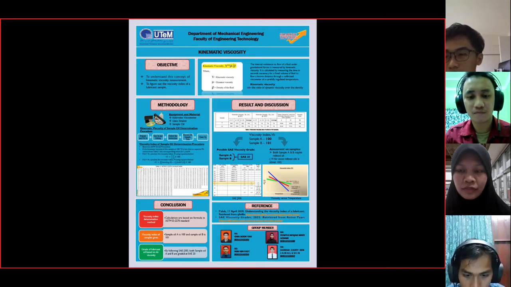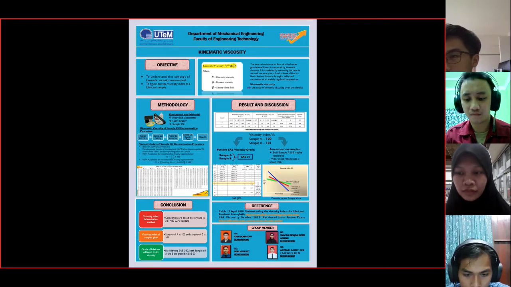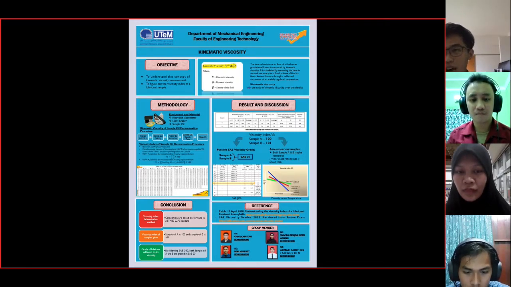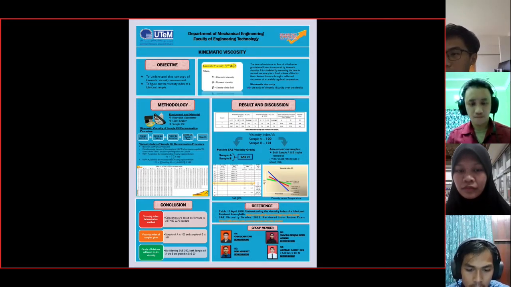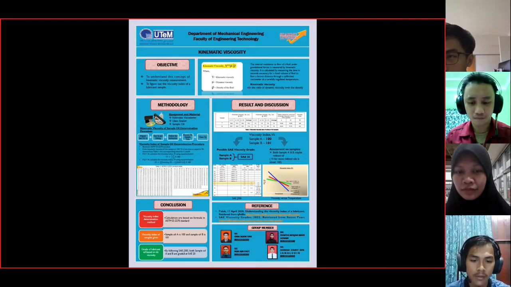This grade is a monograde oil, and is suitable for the summer season because of its higher viscosity and thickness to protect the engine in higher surrounding temperatures.